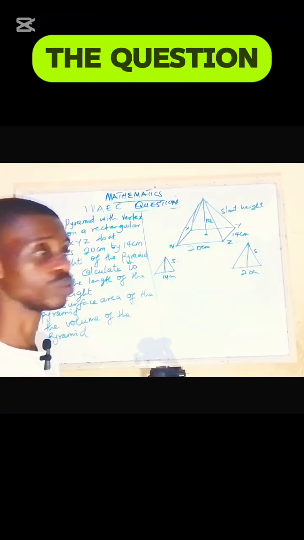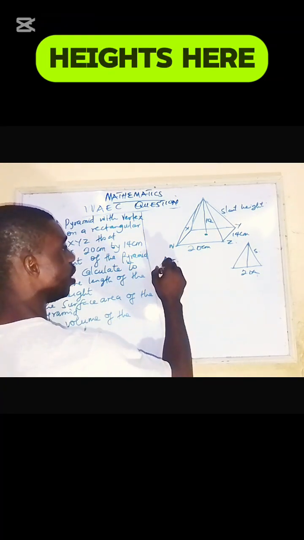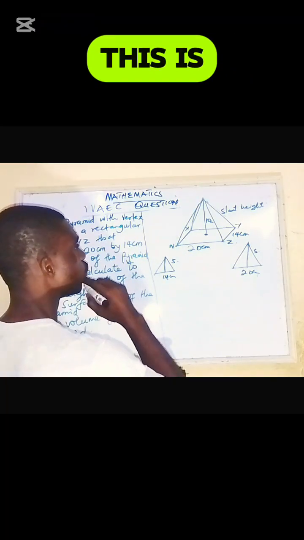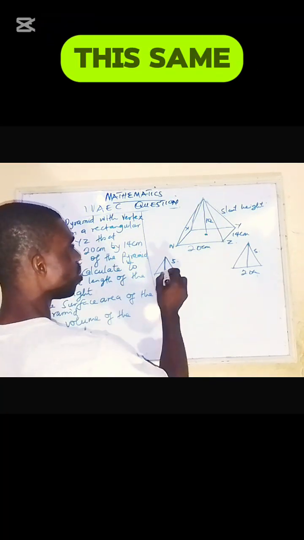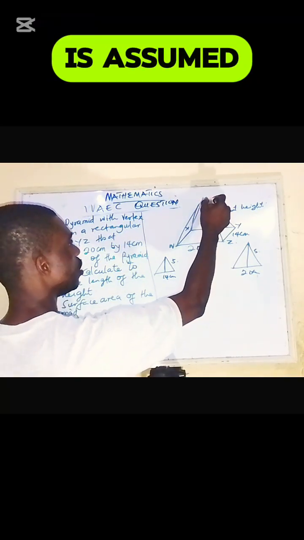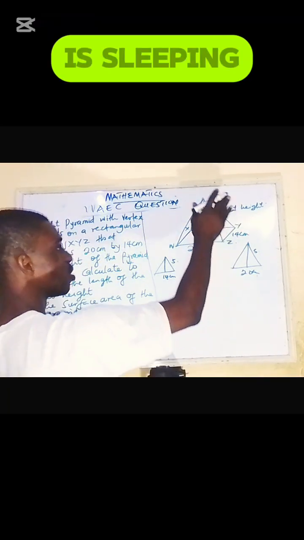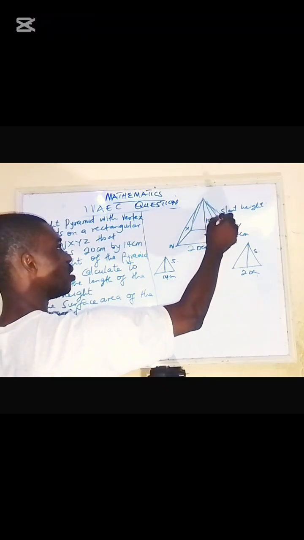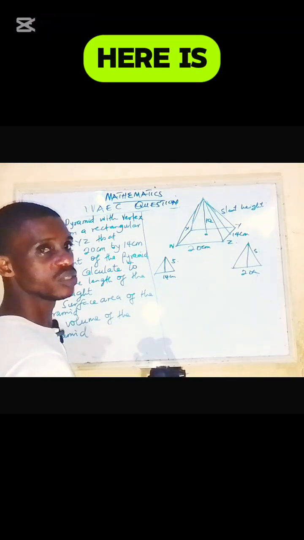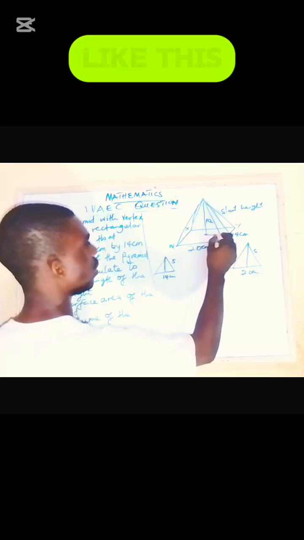To find these heights, which will help me find the slant height, I come in here, see this place. So there is this same height here. While this one is lying flat, it is now bent here, and this is going like this.